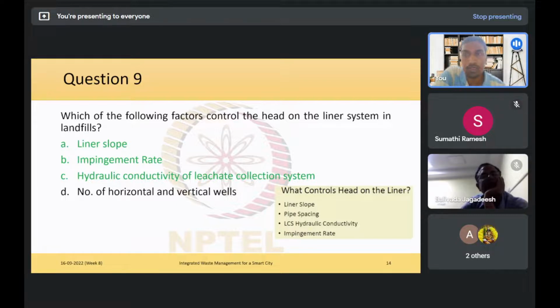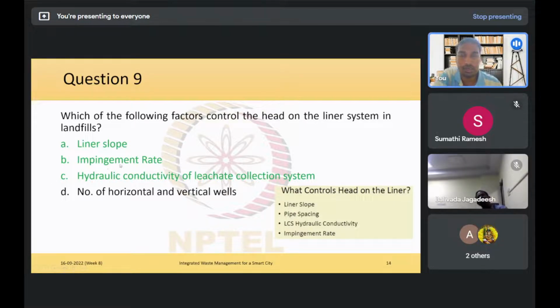Whatever is collected can quickly drain out. If you have a higher slope, gravity will help you drain it more quickly, right? So slope will affect the head on the liner system.